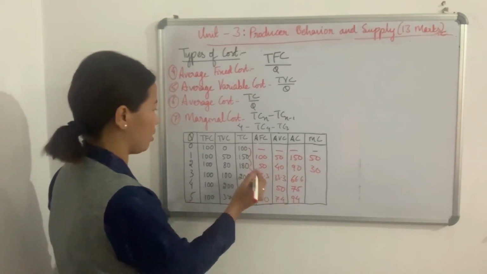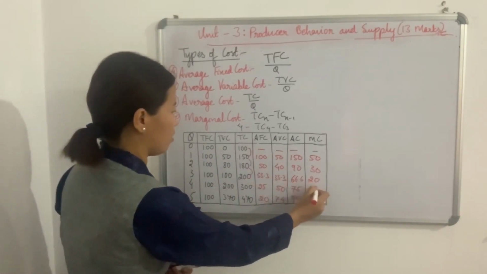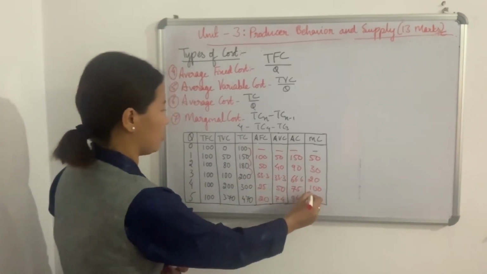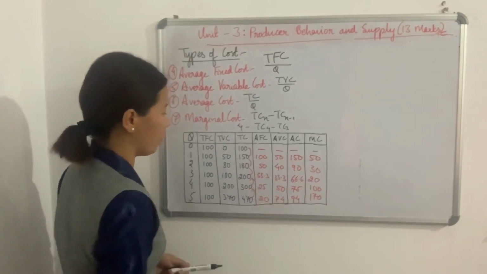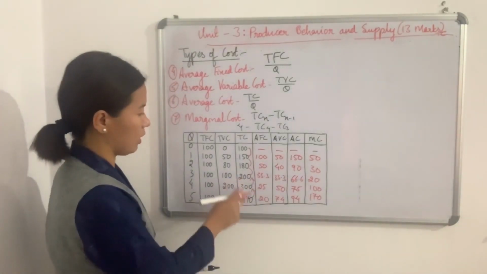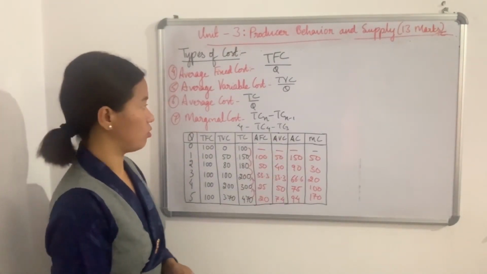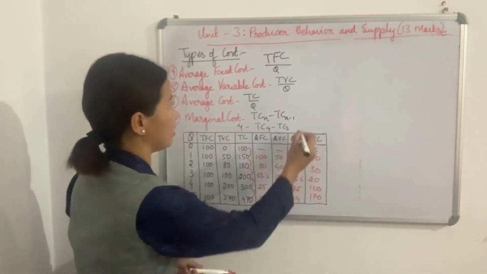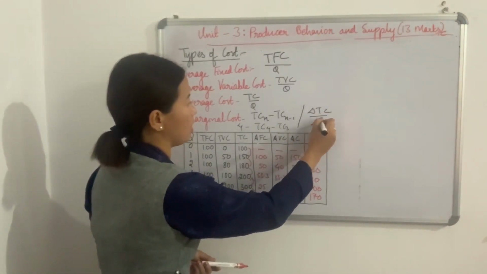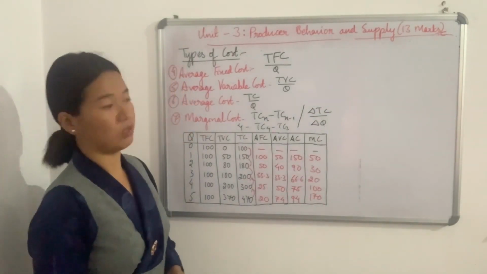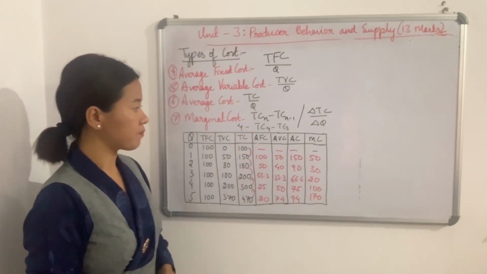And in the same way, 20, then next 100, and again 170. So we have to deduct the previous total cost from the next total cost, and we will get marginal cost. There is another formula for finding marginal cost, which is change in total cost upon change in quantity. So there are two formulas for finding marginal cost. You can use either one.